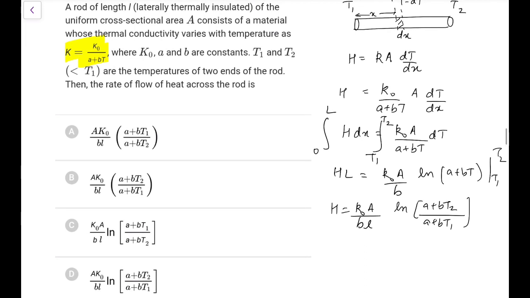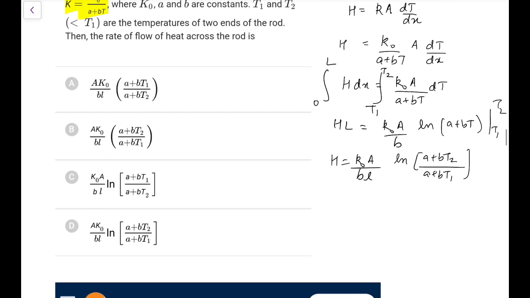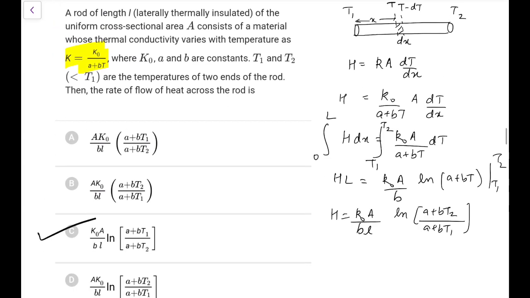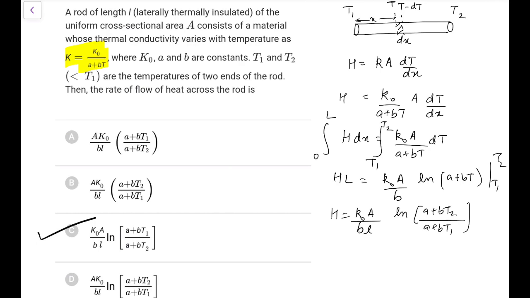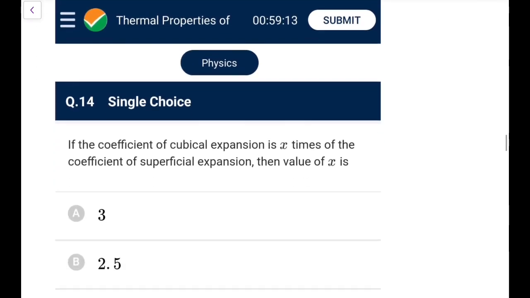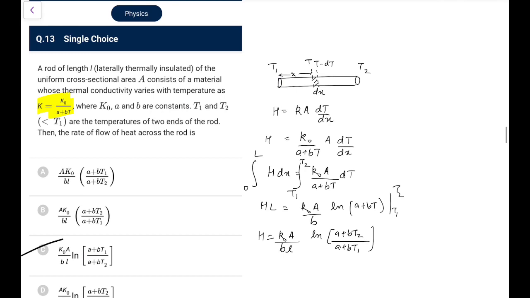I think there's some minus sign we have missed, so the better option is writing T1 above and T2 below, because that would be the magnitude, and that is what they are asking for. So the magnitude must be written like this. So we can write H as KA dT/dx, or better you write it in the minus K dT/dx form.